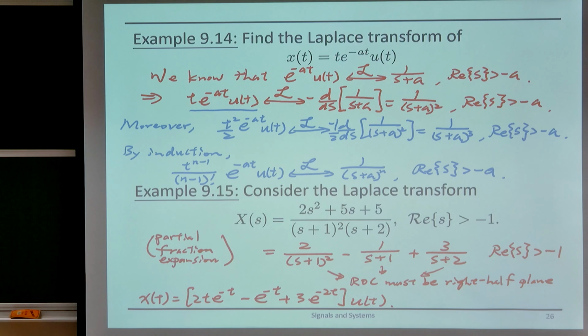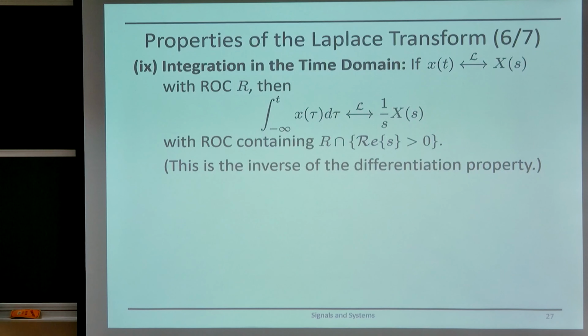So the opposite of differentiation is integration, okay? So, again, suppose you have x of t with transform capital X of s, then the integral of the time domain signal gives you a Laplace transform that is 1 over s times X of s, okay?